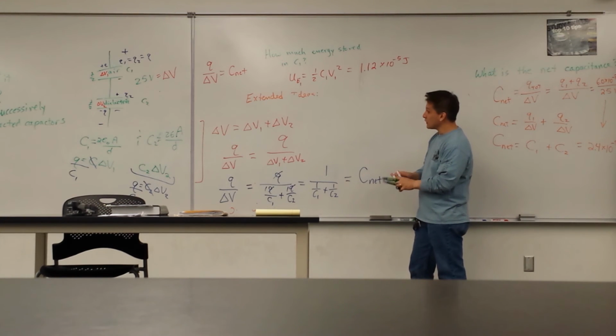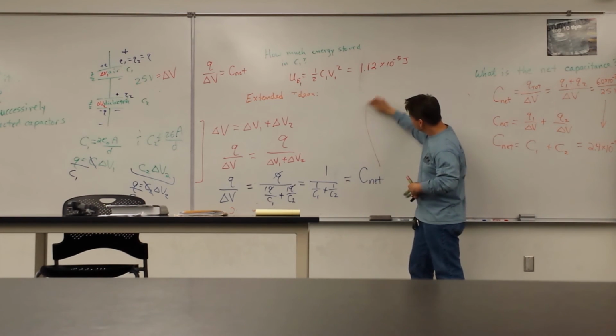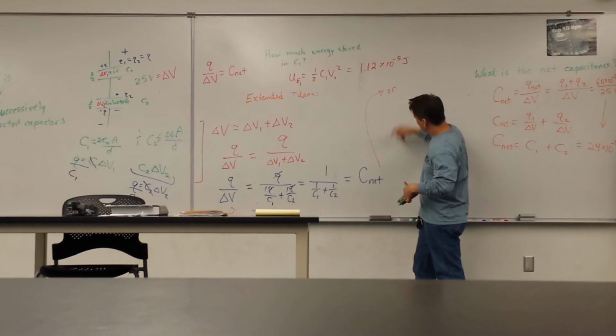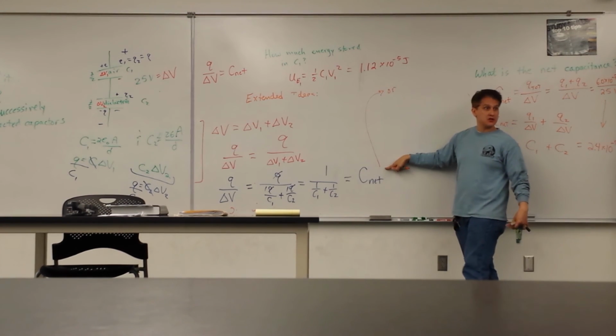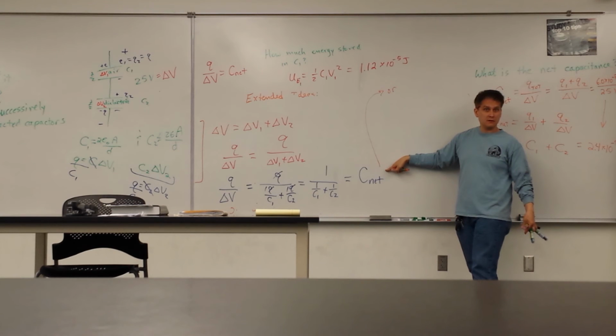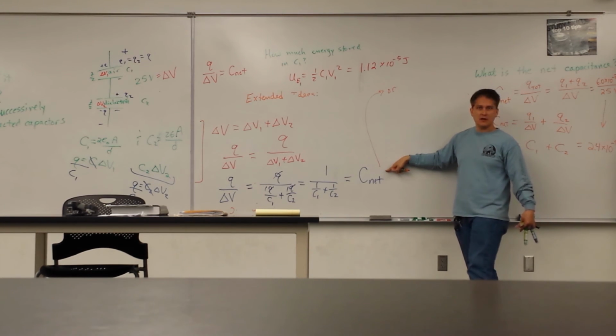You've probably seen it written this way. Take the inverse of both of those just to make the number a little bit easier to write. I'm not sure why we even do that anymore, because with our scientific calculators, it's so easy just to calculate inverse quantities anyway.